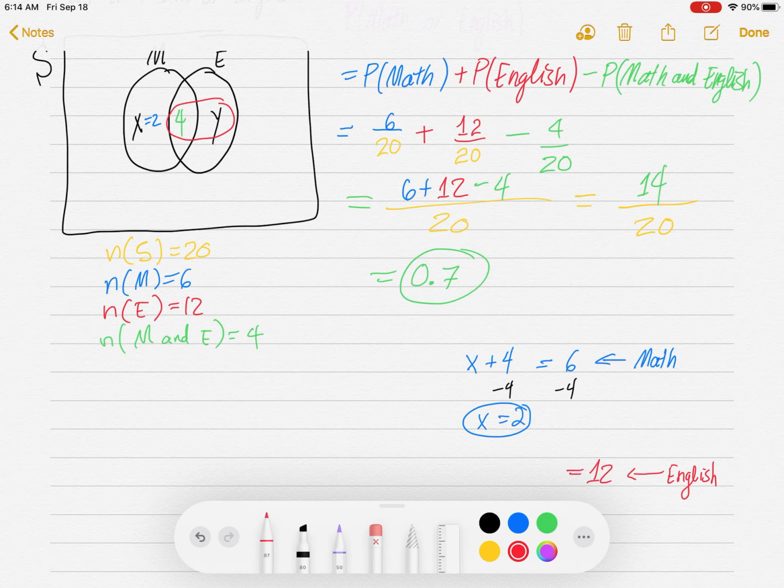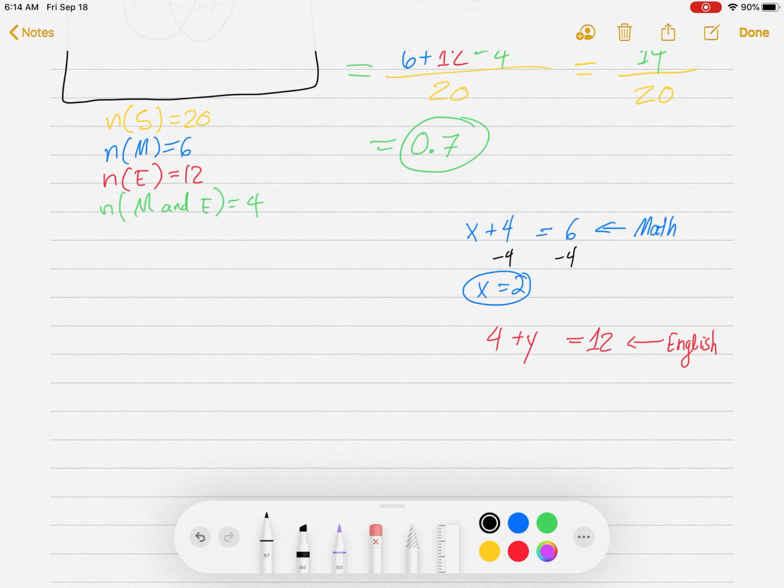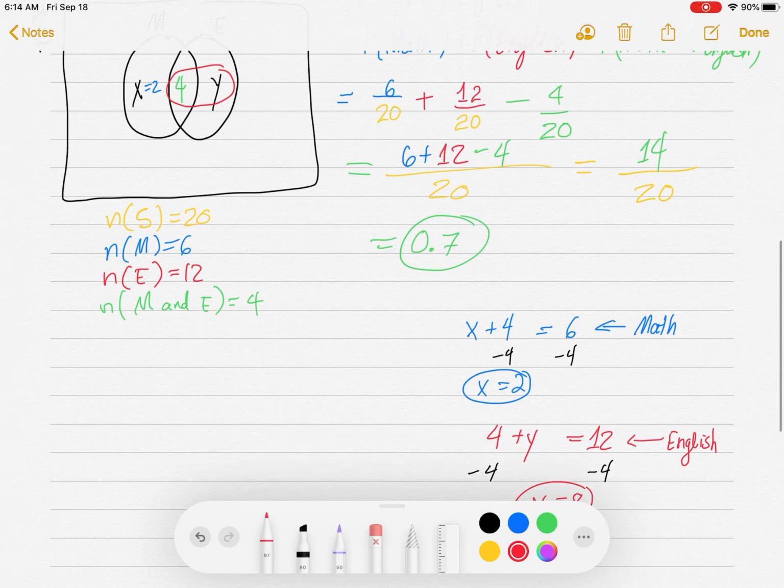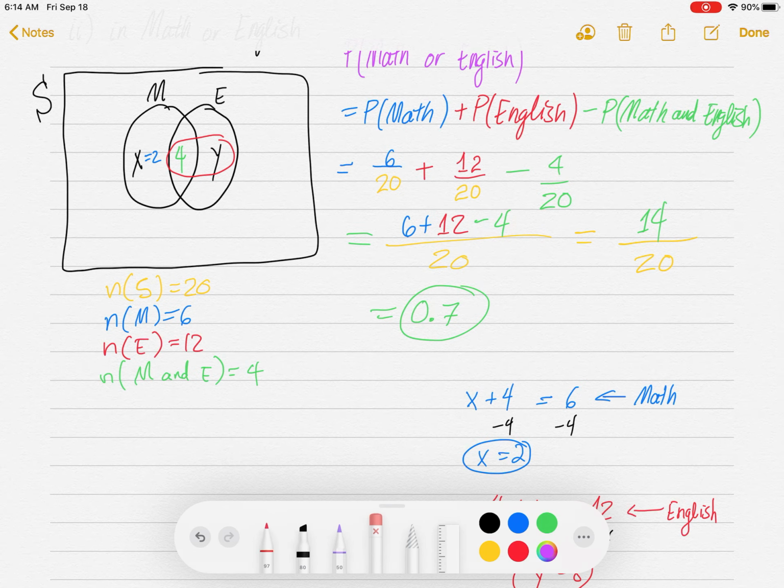So when you add those together, you get what? 4 plus y. 4 plus y equals 12. We can subtract 4 from both sides of this equation. You get y equals 8. So that's English and not math.